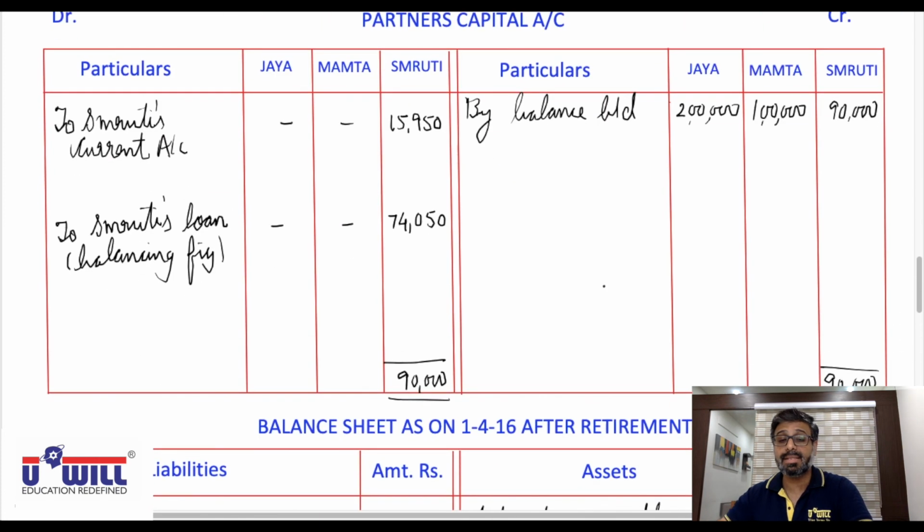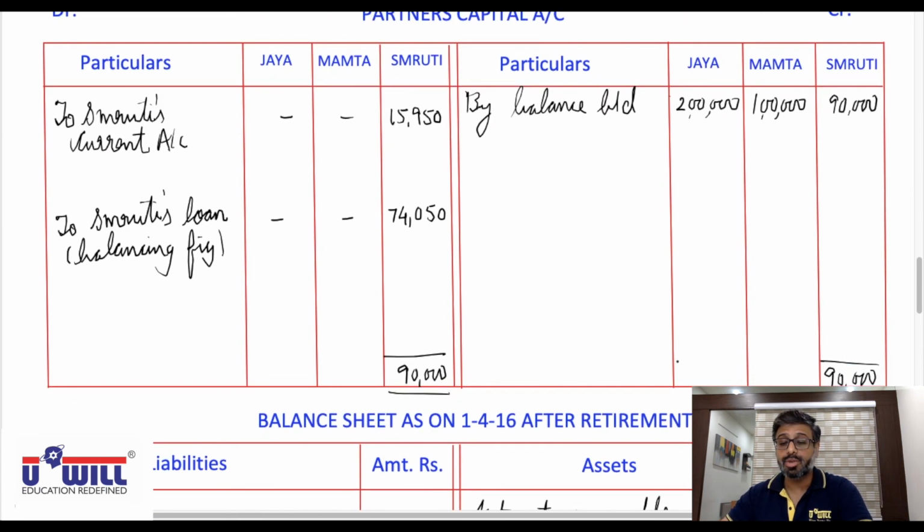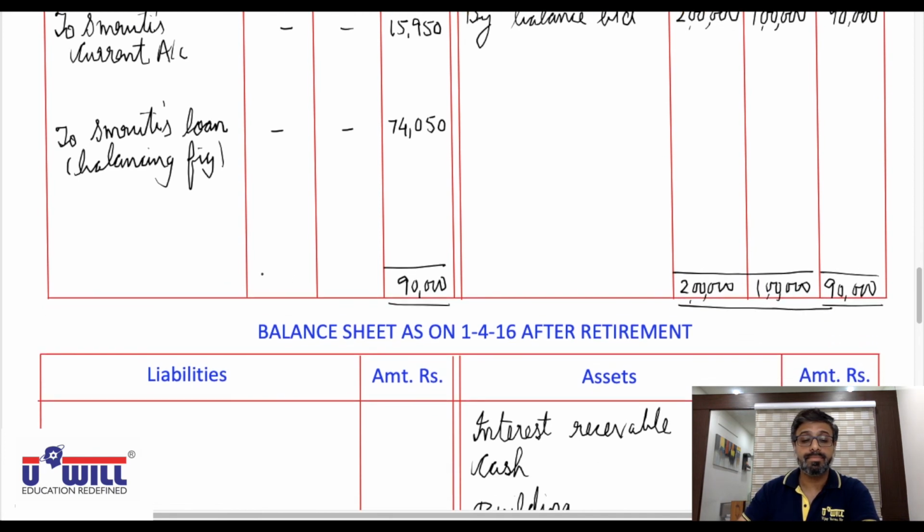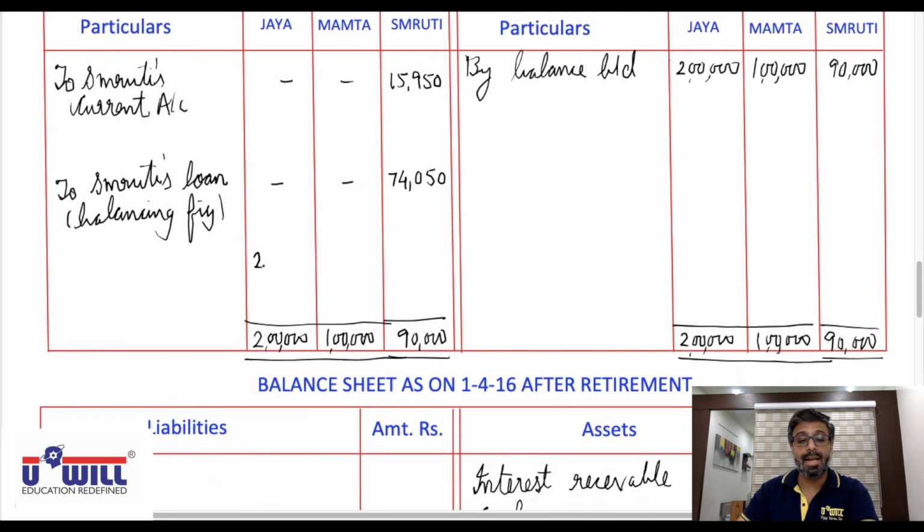Now capital balances. Smriti has retired, so Jaya and Mamta's capital balances will come on the liability side, 2 lakh and 1 lakh. Balance also 2 lakh and 1 lakh, two balance carried down.